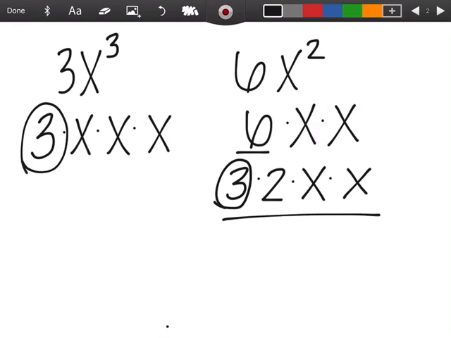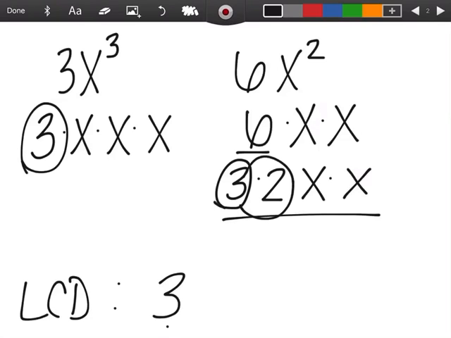And so when I look at this last line, there's a 3 in common. So instead of saying that the least common denominator between 3 and 6 is 18, it would actually be smaller than that. So I need a 3 in my least common denominator to account for the 3 in each case. I also need a 2 to account for this 2. Which just means that over here, in the process of finding the common denominator, I would multiply by 2.